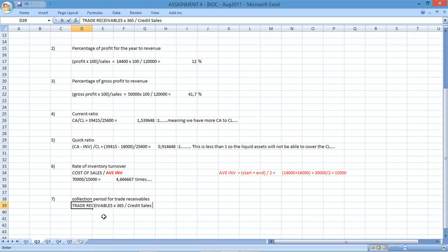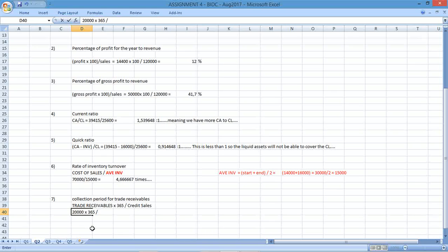And that's the equation. So all I'm going to have to do is look for those amounts from the question in order to calculate. So focusing on trade receivables, that you'll find in the statement of financial position, my trade receivables is given as 20,000. I'm going to times it by 365, and I'm going to divide that by my credit sales.